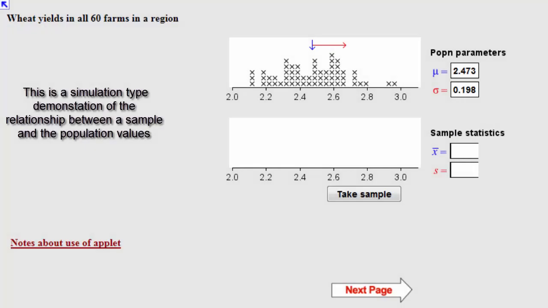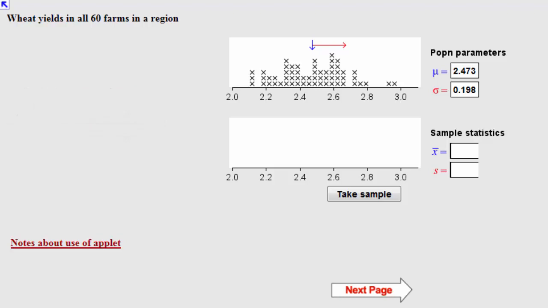So what I want to demonstrate here is the idea of taking a sample from a population. In this setup here, I've got my population as being 60 farms. Usually the population is going to be something much bigger than that, but what I hope you can also see here is that we've got the population parameters. So we actually know what the mean and the standard deviation is for this population. The mean is 2.47 and the standard deviation is 0.98.